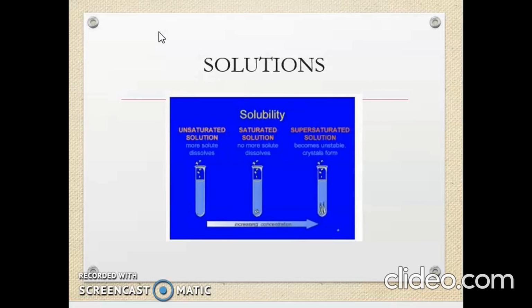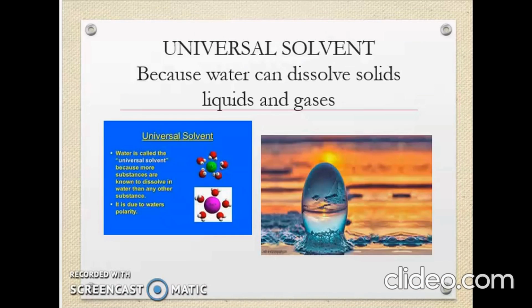Unsaturated solution, more solute dissolves. Saturated solution, no more solute dissolves. Supersaturated becomes unstable, leading to the formation of crystals. Water is called the universal solvent because water can dissolve solids, liquids, and gases.